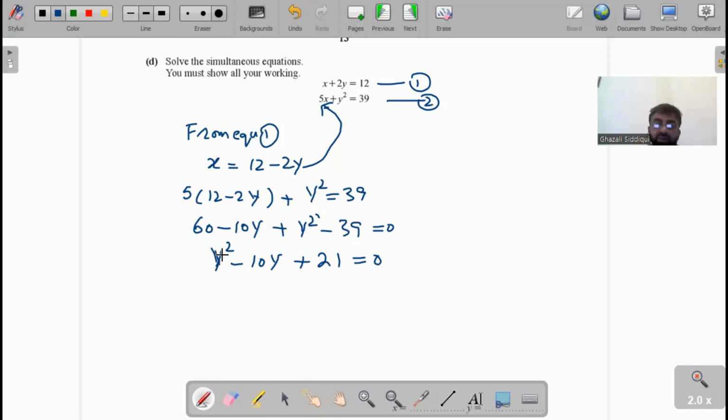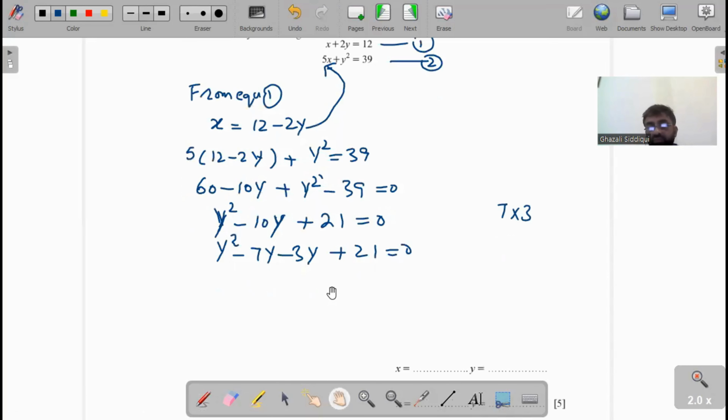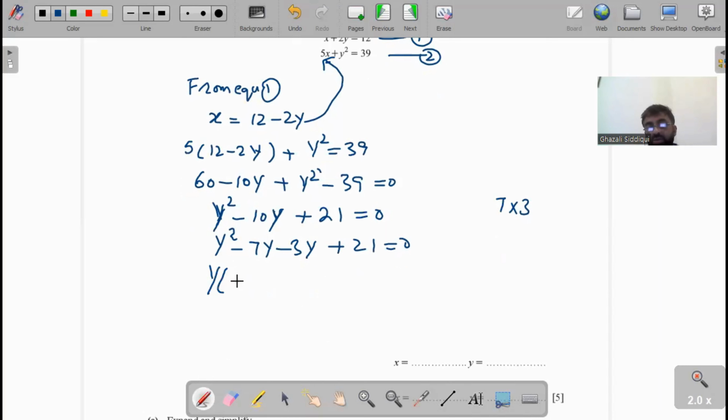Then we factorize it by using the middle term method. Now we take the factors 7 times 3 is 21. We write it as y squared minus 7y minus 3y plus 21 equal to 0. Therefore, y is taken as common: y into y minus 7 minus 3 into y minus 7 is equal to 0.